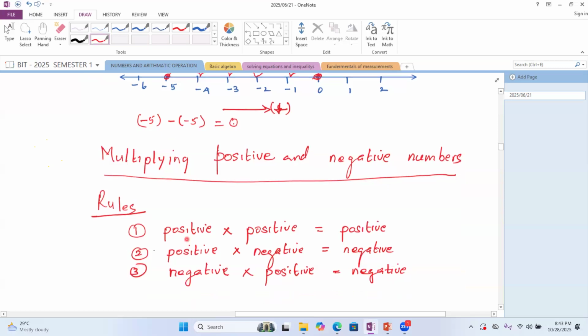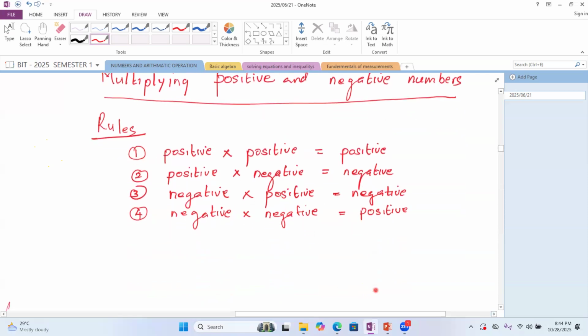The last one, negative multiplied by negative. Then we get the result positive. We should follow these 4 rules to multiply positive and negative numbers. Then we get the results.